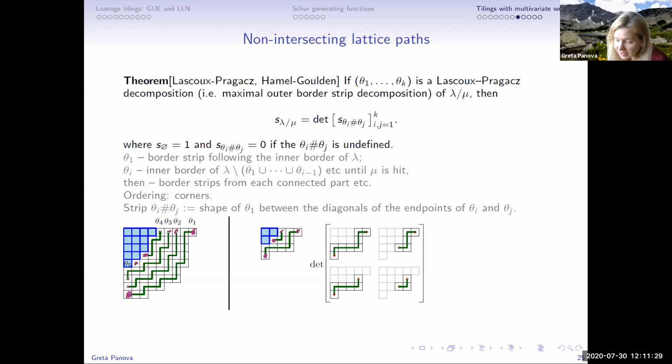And when we have the outer shape lambda, this is basically telling us what kind of ribbon we can have between two endpoints. So this is the Schur-Pragas or Hamel-Goulden identity, giving it as such a determinant.